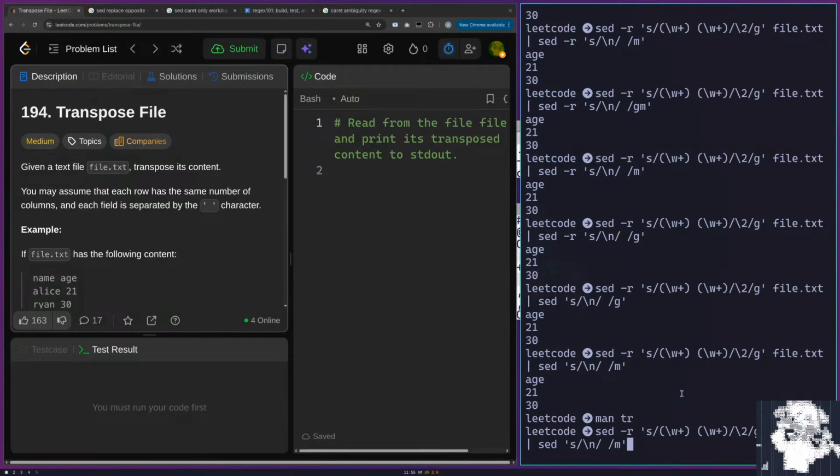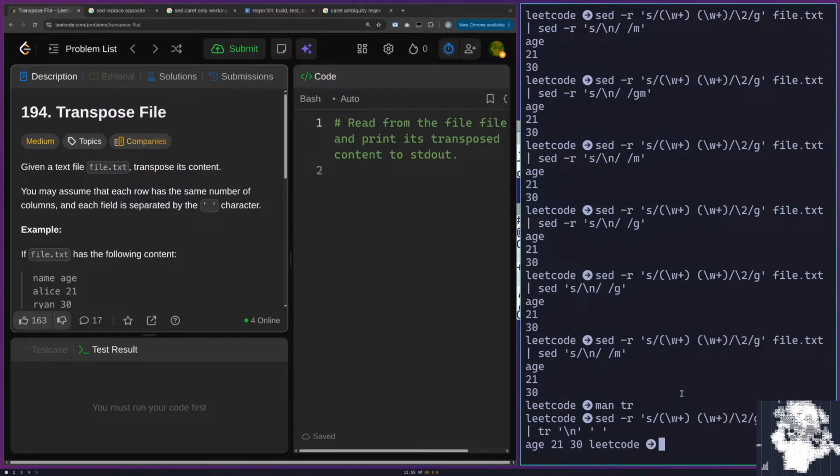Can I pipe this into tr, new line becomes space? Yes! Okay.